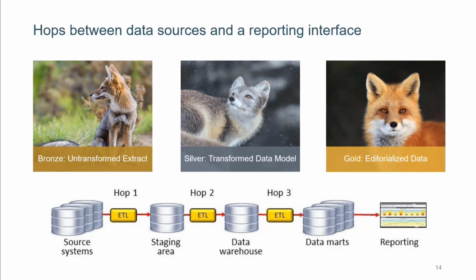You're editorializing it and loading it into a final tier that's going to empower your reporting directly and give you really quick reporting and reduce your need to do expensive computations frequently.